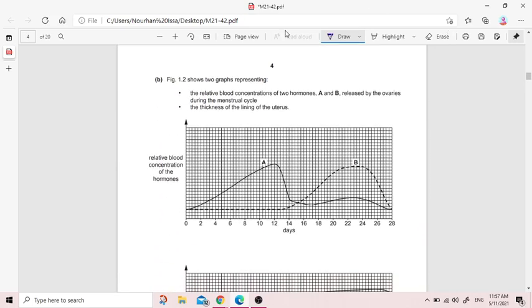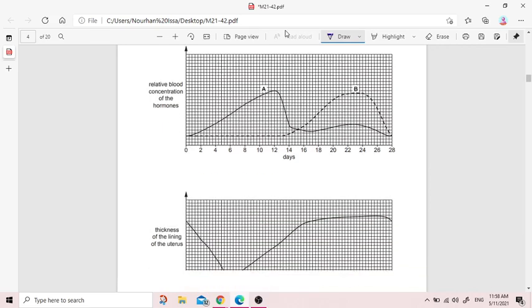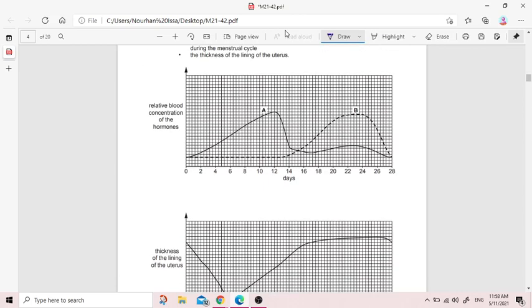Question B. Figure 1.2 shows two graphs representing the relative blood concentration of two hormones released by the ovaries, and the thickness of the lining of the uterus. Okay, we know that the menstrual cycle is divided into two phases.